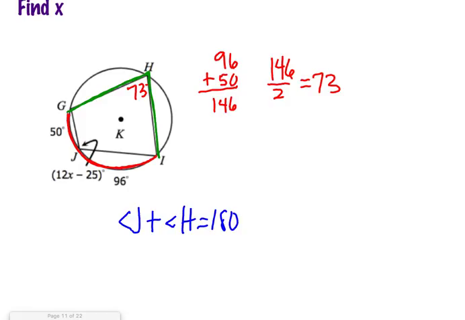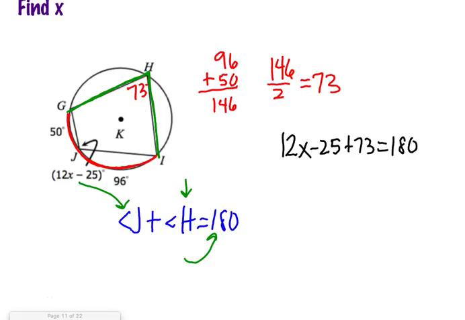Because now, if I know that this guy right here is 73 and angle J is equal to this, we're going to plug in, set it equal to 180, and we're good to go. So we will have 12x minus 25 plus 73 equals 180. We add our like terms.